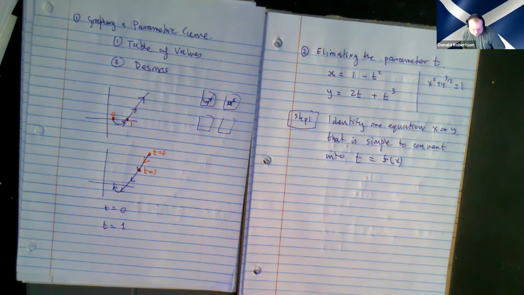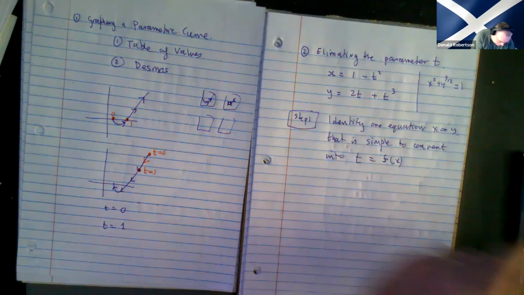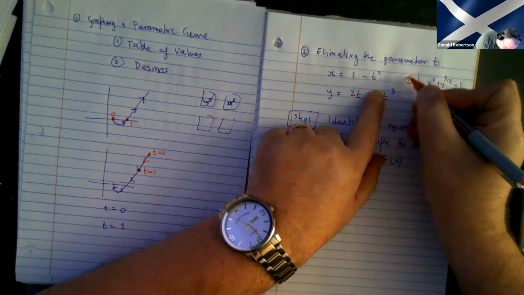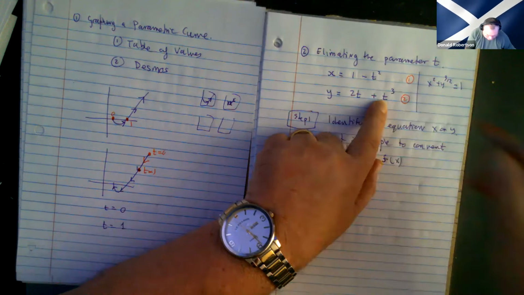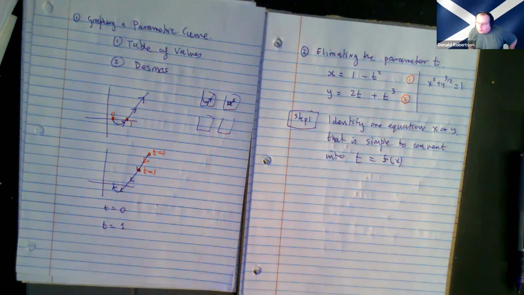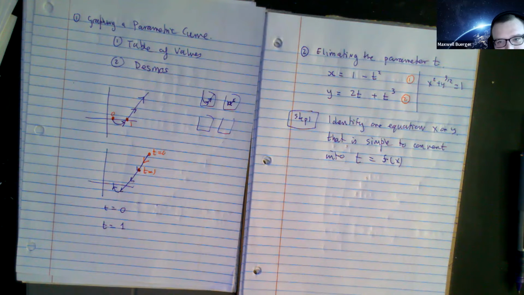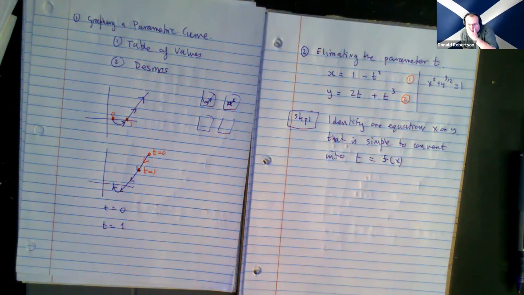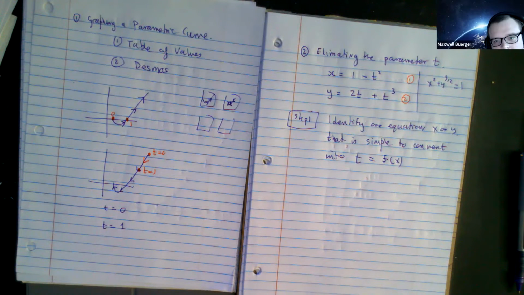Now, I've got a choice here. I'll put names on them. X is equation 1, right? And y could be equation 2. Looking at those two equations, most of the time there's going to be one guy who's just easier to do than the other. Which of those two equations do you think you could rewrite and solve as a t equals? The first one. Right, correct. What was your thinking? Why? There's only one t variable within it.